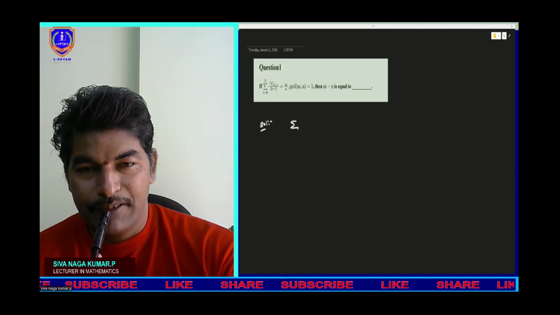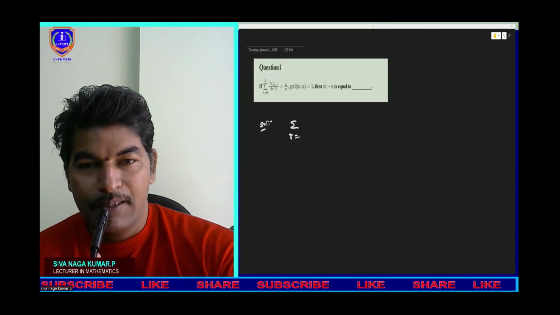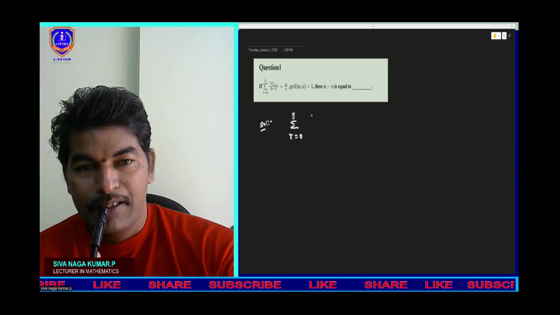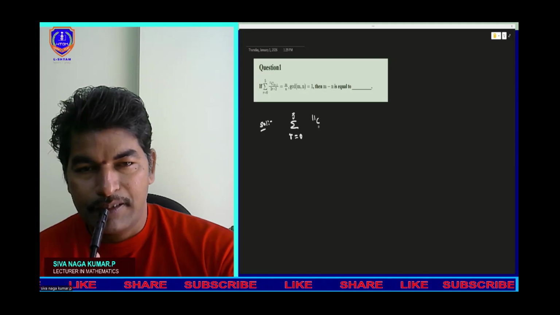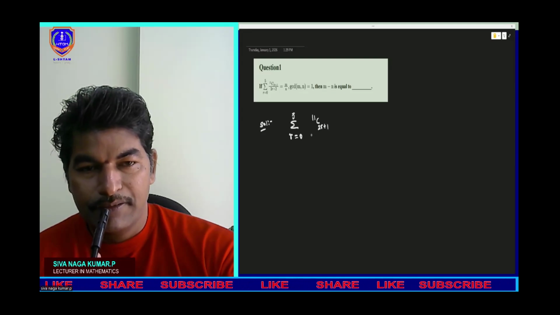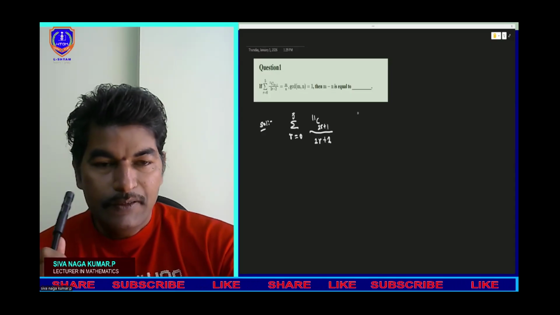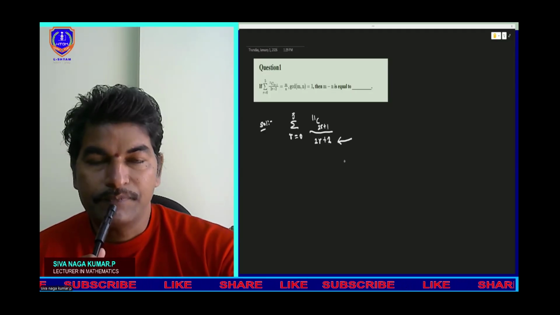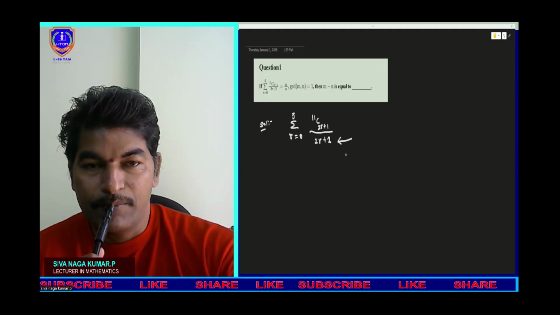Here you can see sigma, r is a dummy variable, and it is 0 to 5, and 11C(2r+1) divided by (2r+2).